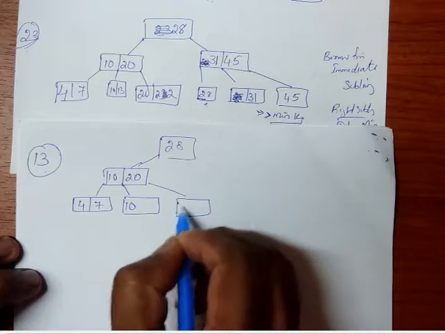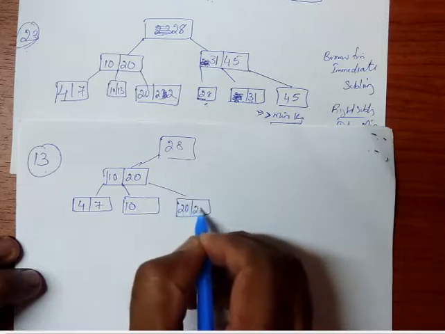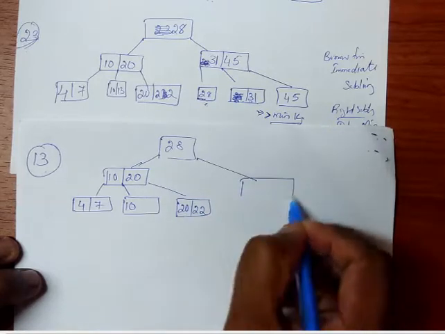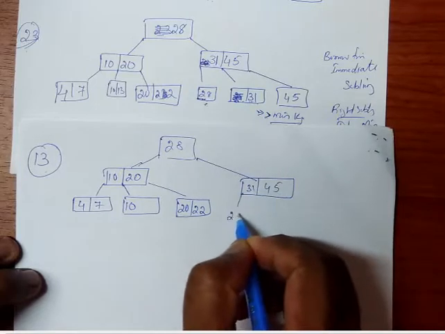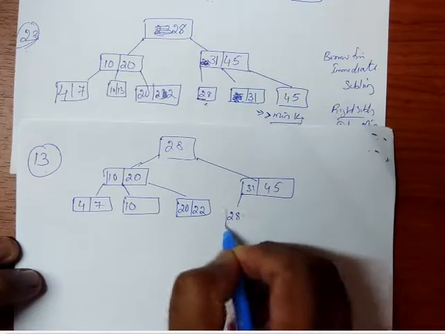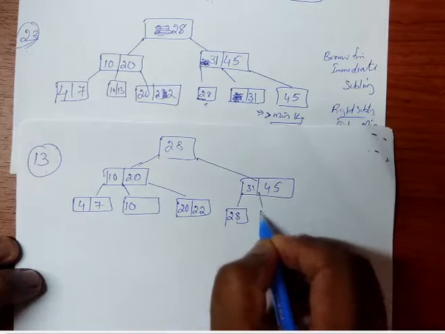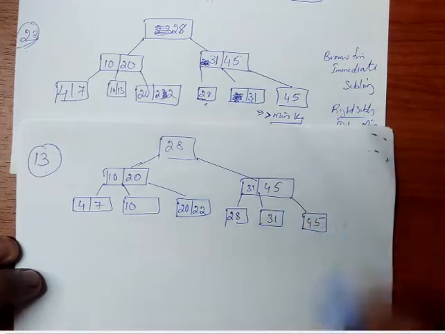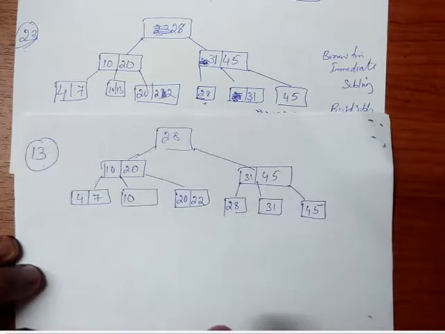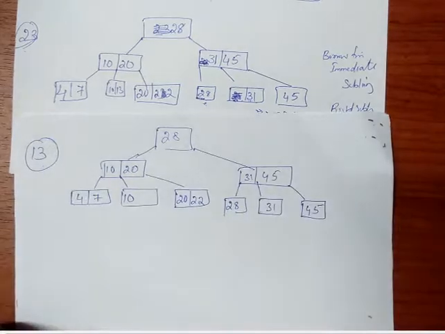So it is 20, 22, then 31, 45, then 28, 31, 45. Okay, so this will be the tree structure after removing the value 13.